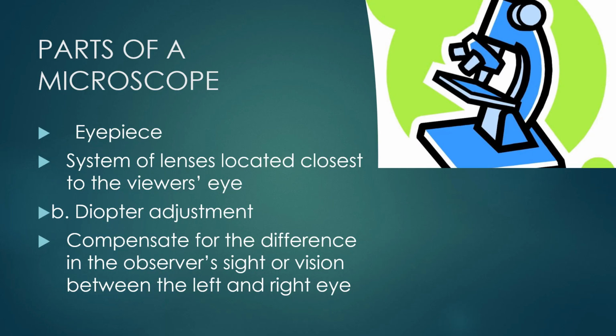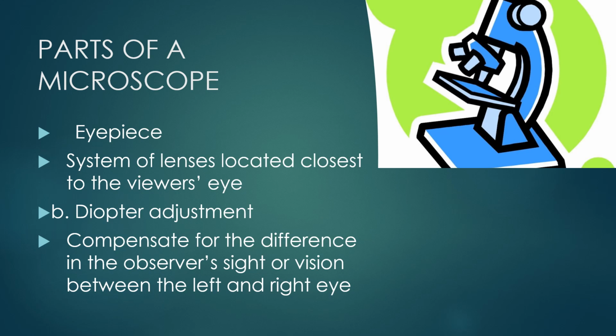Okay, and so with this, you have your magnification. Let's start from your eyepiece down to your light source. Okay, and so your eyepiece here is where you will observe the specimen. This one will remagnify the image that is formed by the objective.